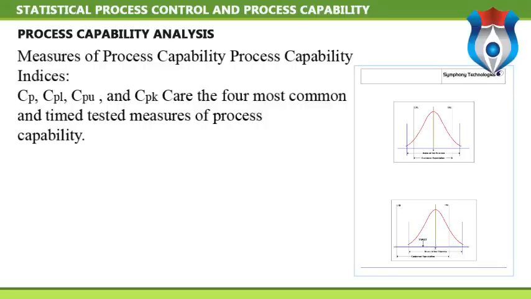Capability indices CP, CPL, CPU and CPK are the 4 most common and time tested measures of process capability. Process capability indices measure the degree to which process procedures output that meets the customer's specification.